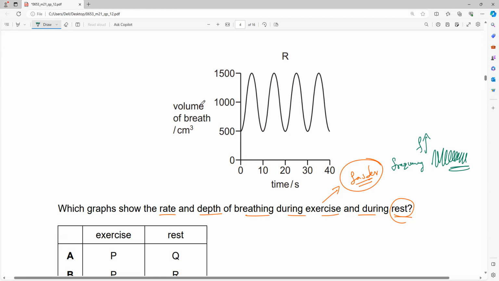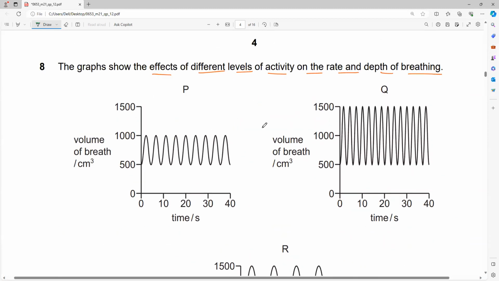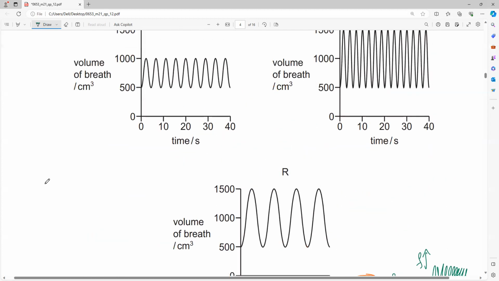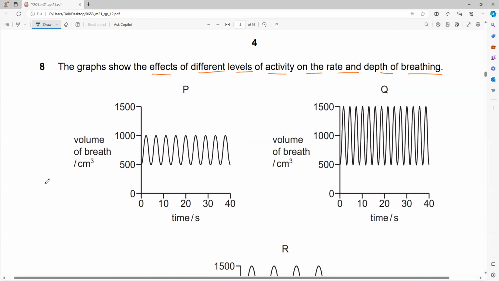Now observe the three graphs. Where is the frequency greater? Which graph represents the levels during exercise?